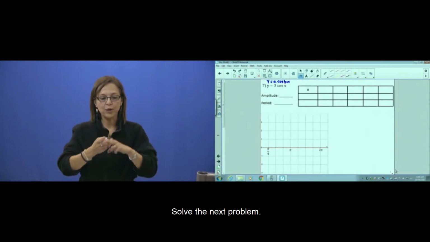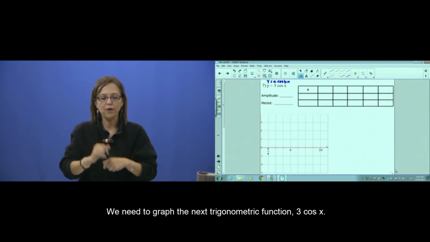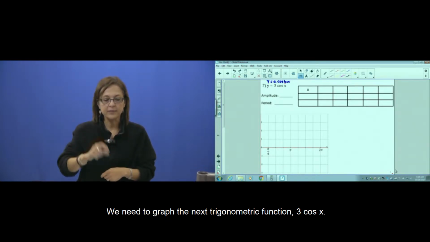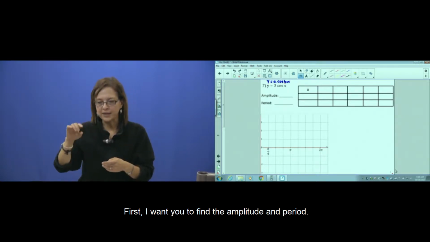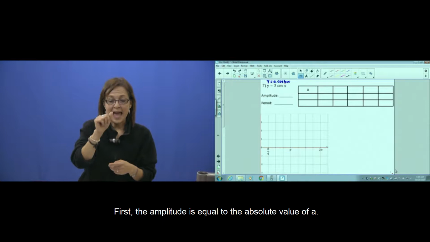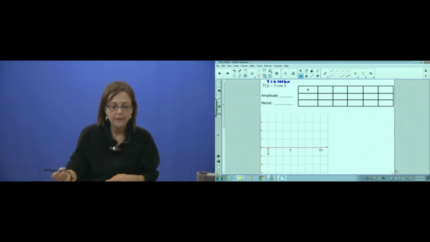For the next problem, we need to graph the next trigonometric function, 3 cosine of x. First, we need to find the amplitude and period. The amplitude equals the absolute value of a.